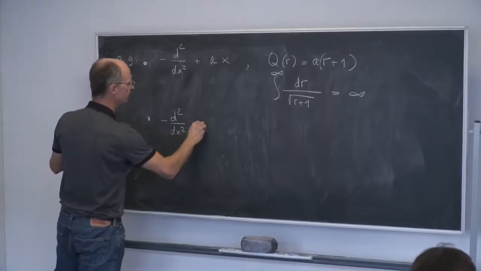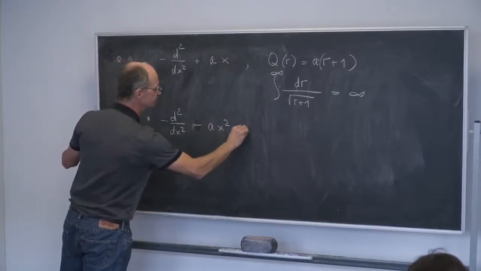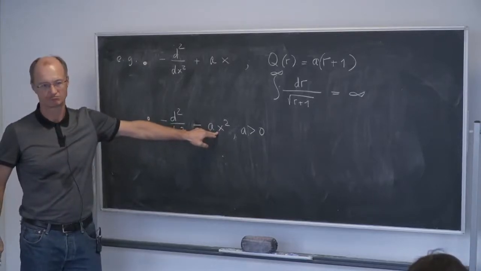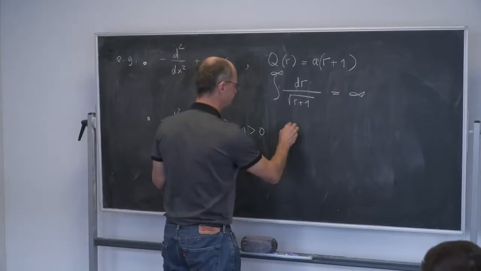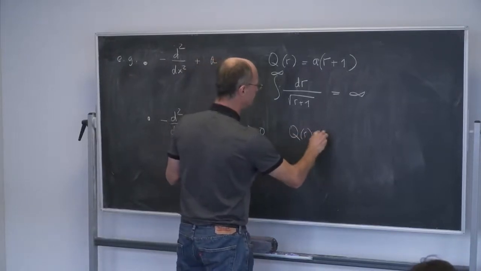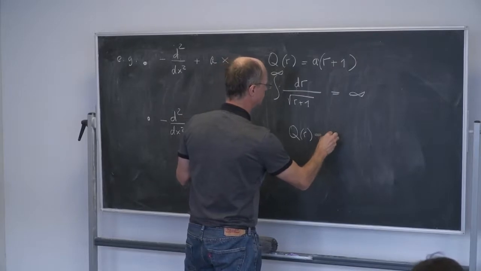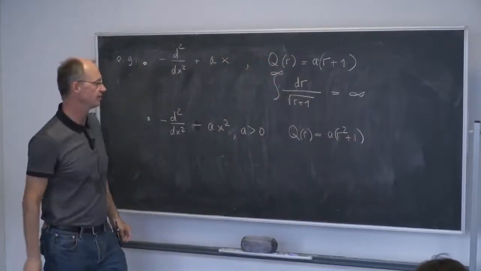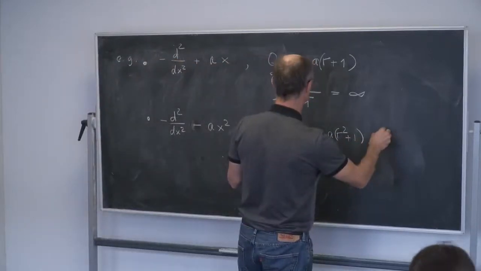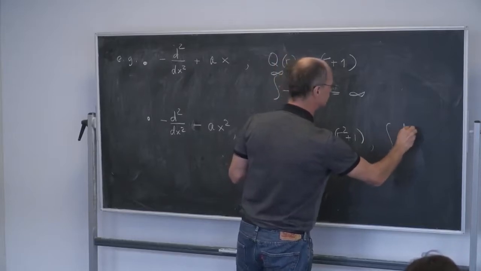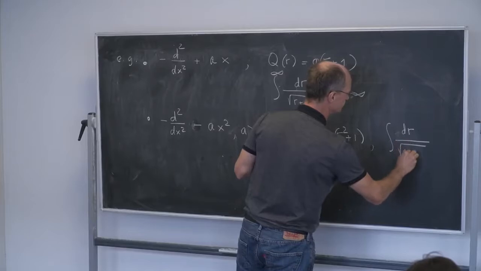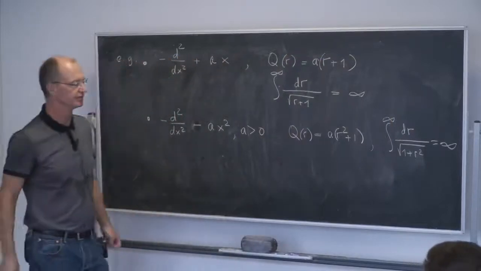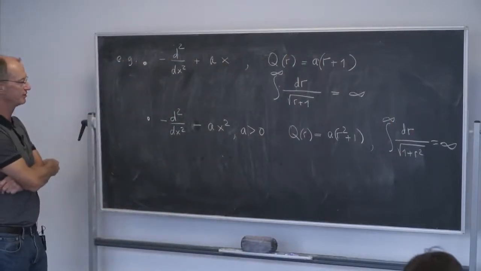Say another example. Now you take this kind of inverted harmonic oscillator. So say Q of R is equal to R squared plus 1 times A. And of course, again, the integral diverges now logarithmically at infinity, so that's still true.